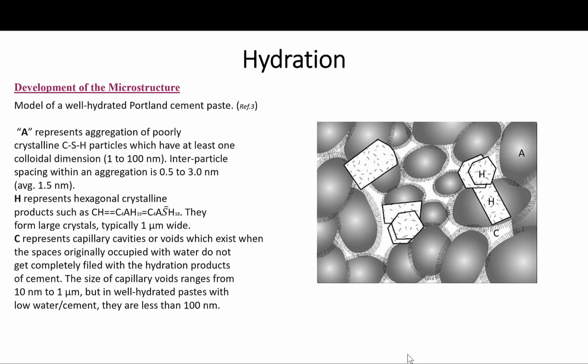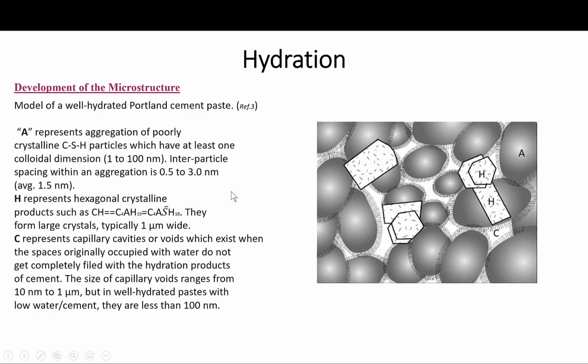As you can see, the A here represents the aggregation of the poorly crystalline calcium silicate hydrate particles, which have at least one colloidal dimension of 1 to 100 nanometers. The interparticle spacing within an aggregation is between 0.5 to 3 nanometers, an average of 1.5 nanometers.